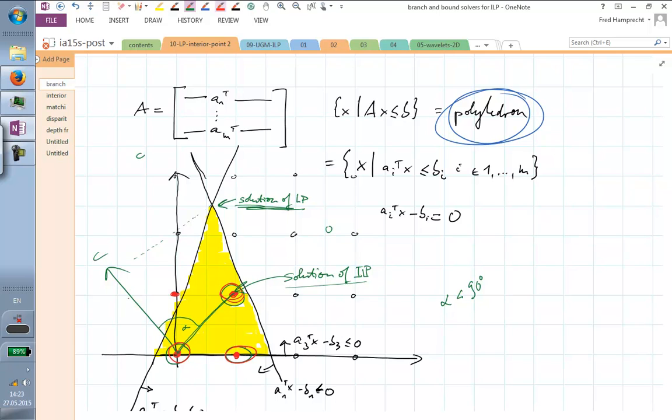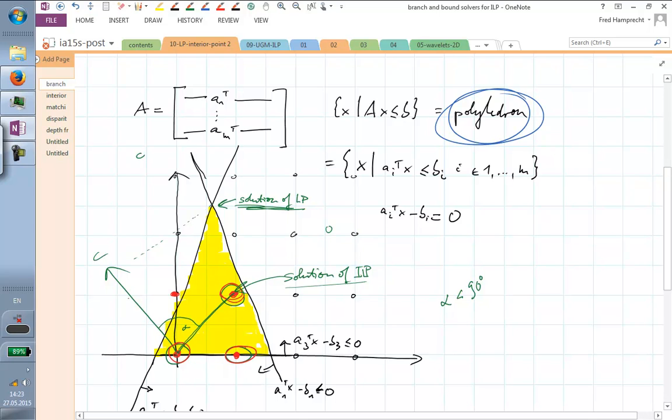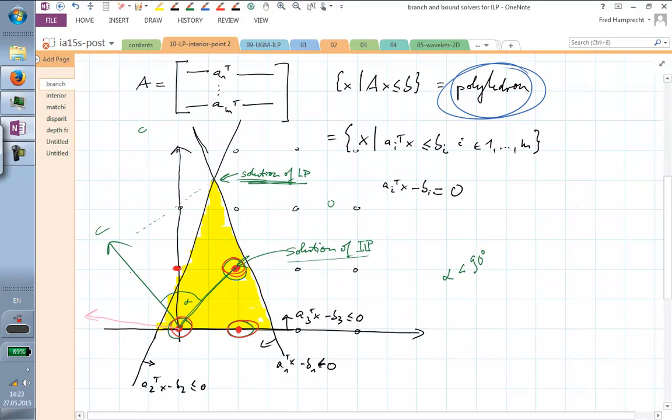Now let's look graphically at a few cases. For example, let's take a pink cost vector pointing in this direction here, then the solution of the LP would be this one here.